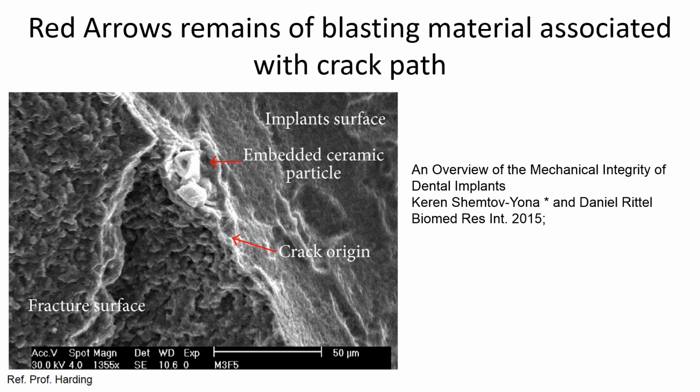The red arrows are remains of blasting material associated with a crack. Here we can see in this area blasting material, most likely aluminium oxide, and here we can see cracks appearing, associated with that blasting media that's been left behind, because these areas where they've produced an indentation act as points where stresses can concentrate and build up.